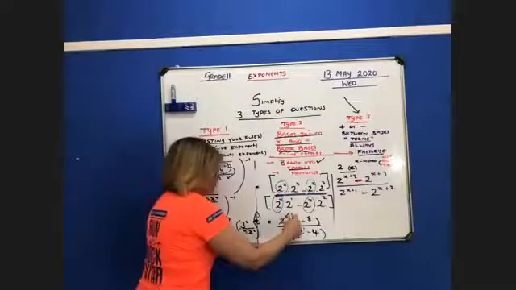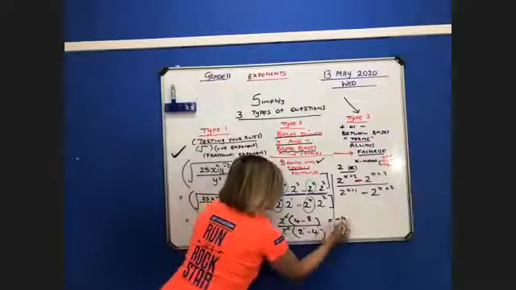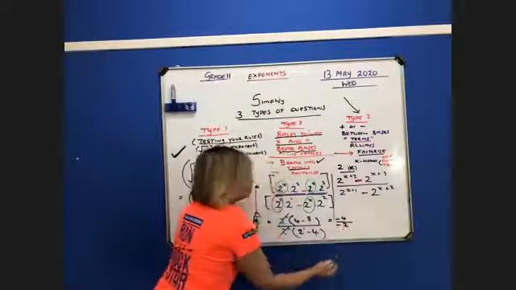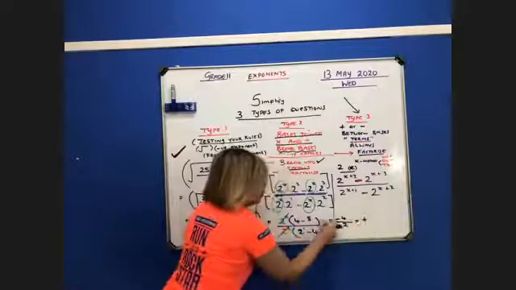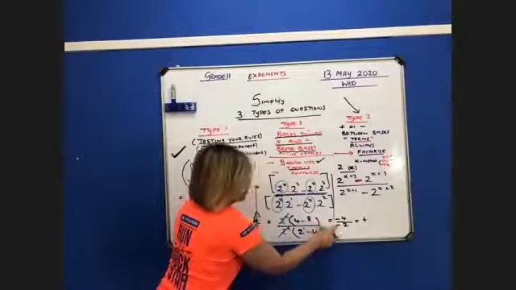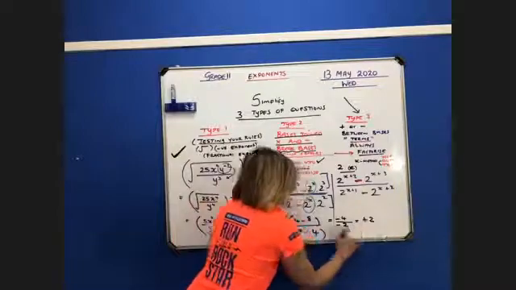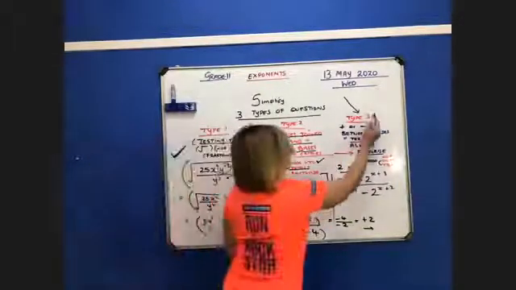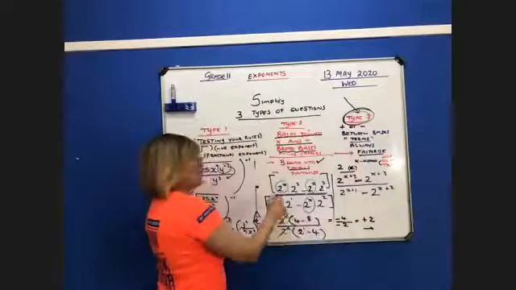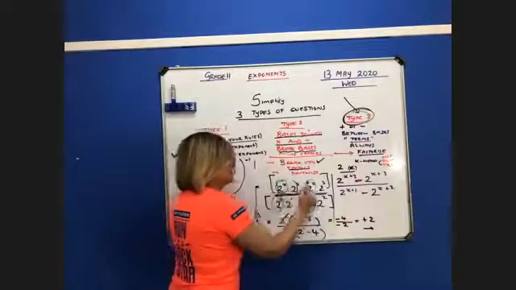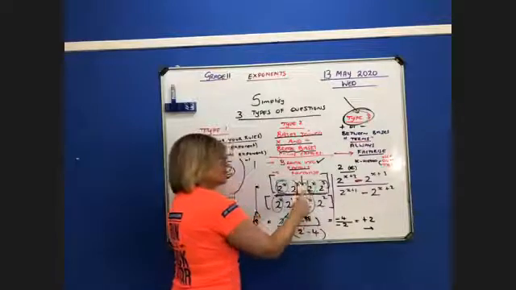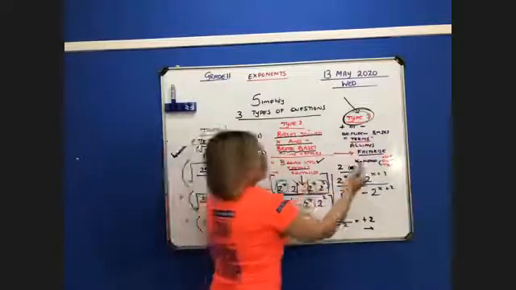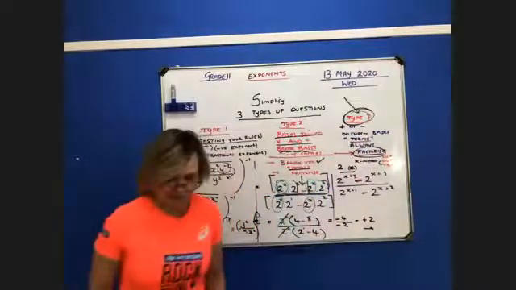So 4 minus 8 is minus 4. 2 minus 4 is minus 2, and you must simplify. The quotient would be a positive, minus divided by minus, and 2 goes into 4 twice. All right, so that is your type 3, where your bases are separated by a plus or a minus, and you're going to always factorize.